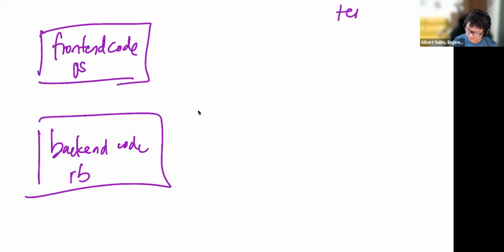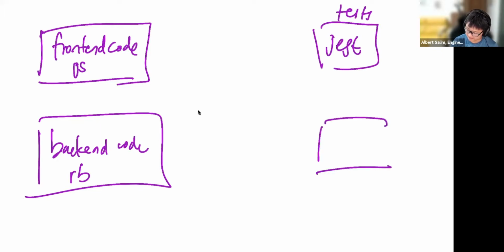From a test perspective, for the front end we have Jest, and for the back end we have RSpec. Previously, every backend code change would run almost all the RSpec tests, and every front-end change would run all the Jest tests that we have. We want to be more selective, running only related Jest tests for front-end code, as well as related RSpec tests for backend.